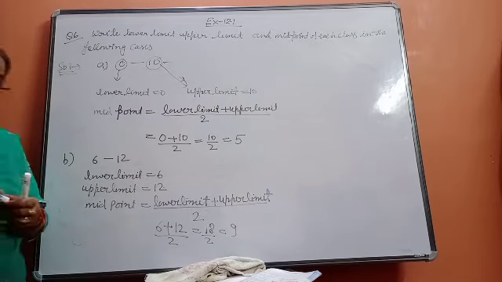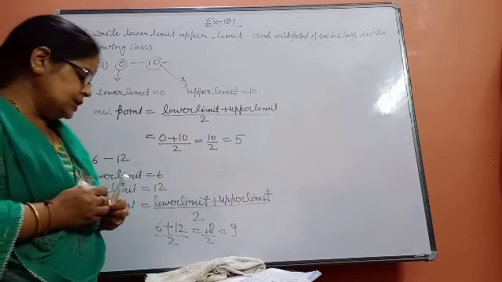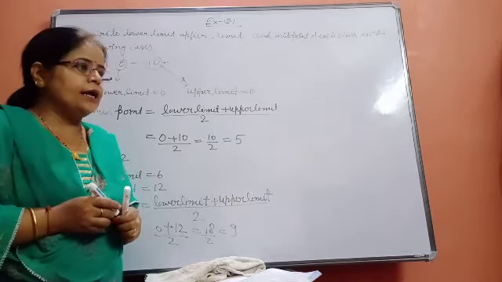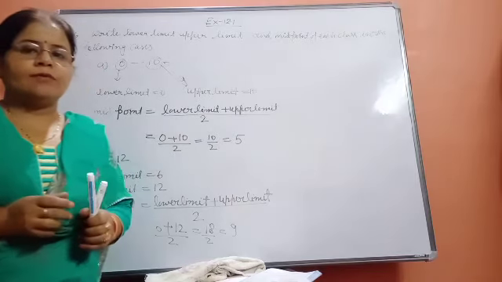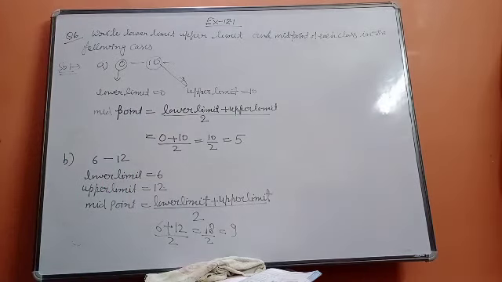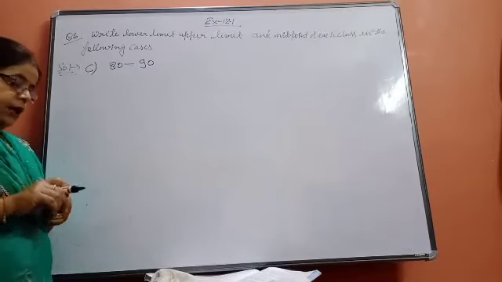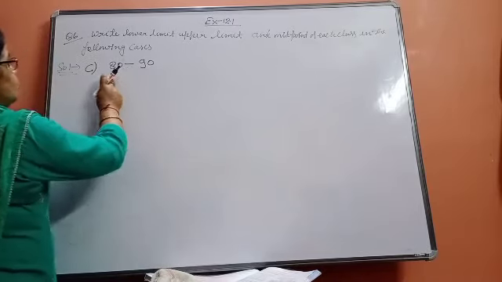So you can do it. The C part I am doing, and then D and E parts you will do yourself. Now see, beta, in C part 80 to 90 is given.